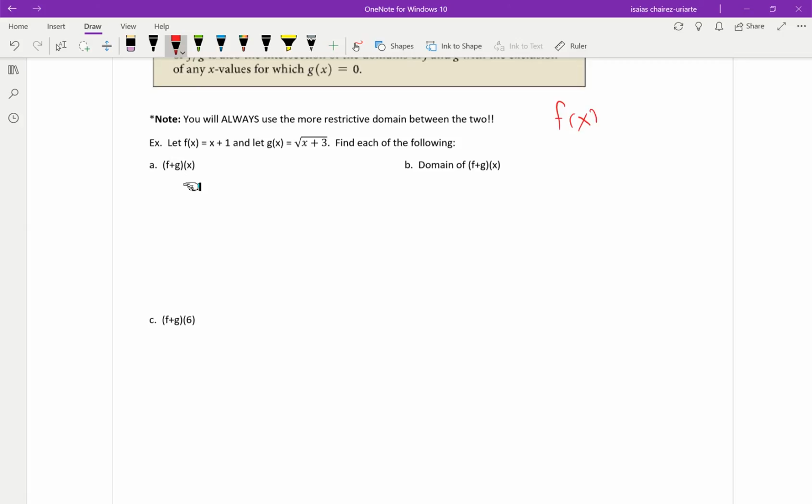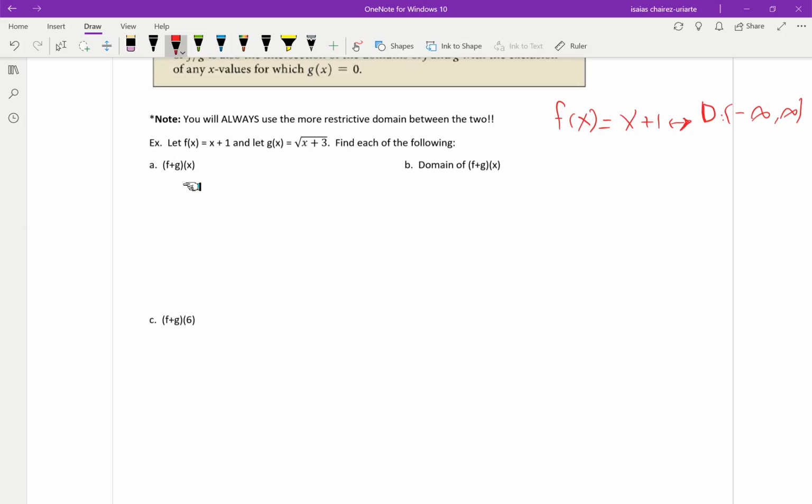We have f of x, and it's x plus 1. What's the domain of this function? I would say that it's everything, negative infinity to positive infinity.